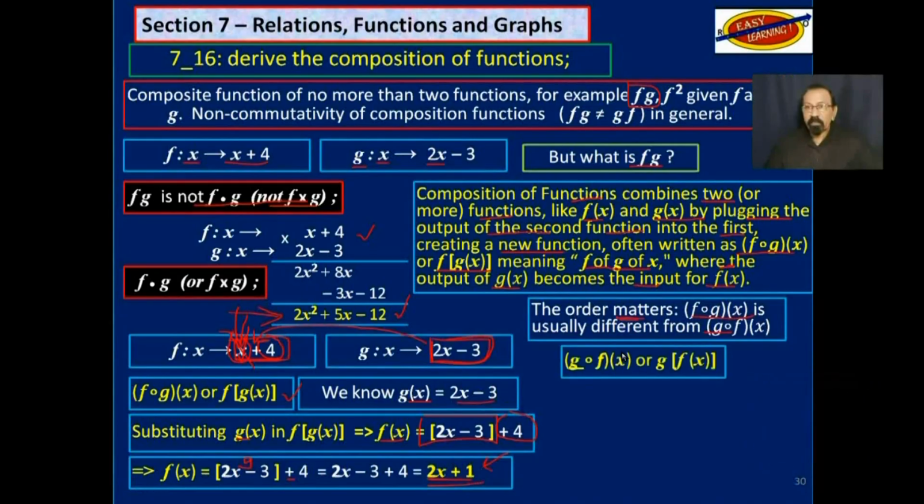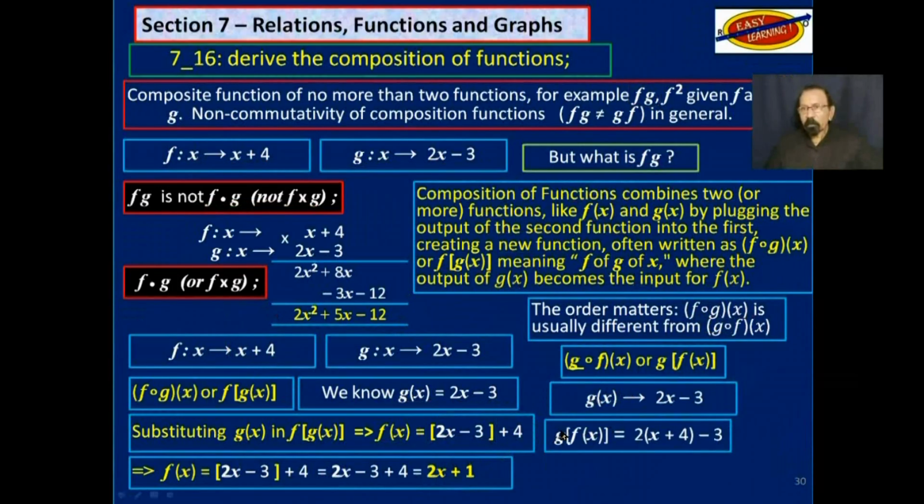So now we are going to find g of f of x. So this is g of x. All we will do is take out this x from there and put in this f of x here, which is x plus 4. So that is the x plus 4.